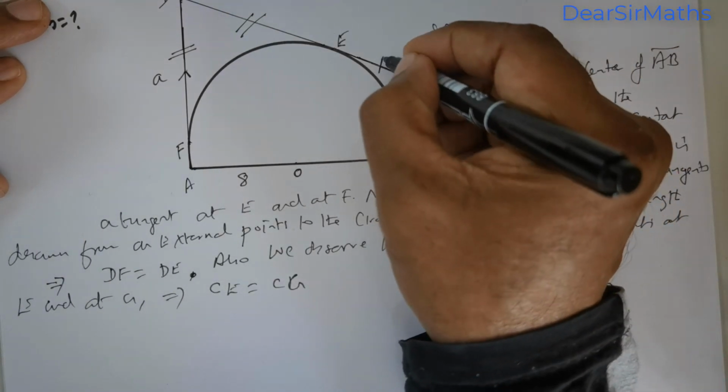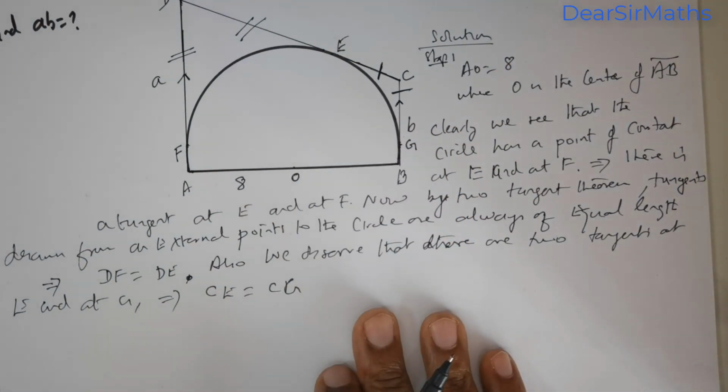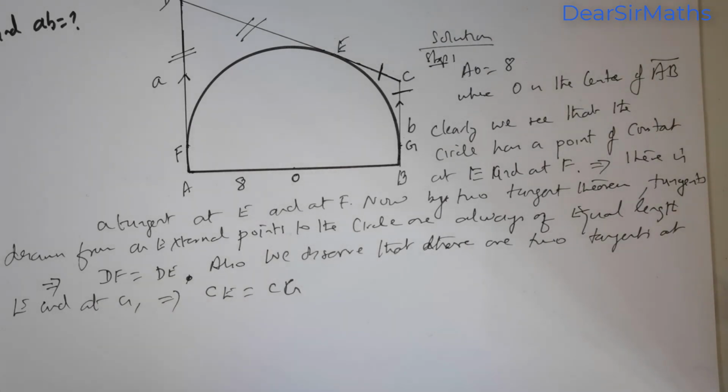So this is equal to this. So that's the first line of observation.